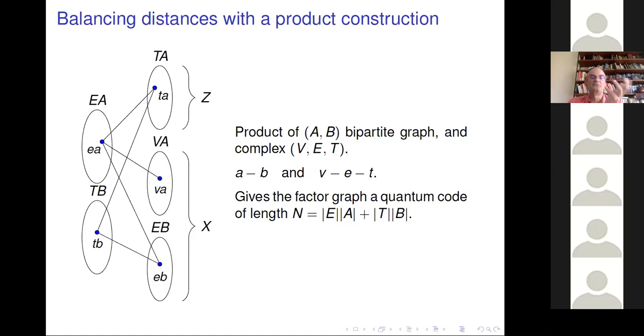And the incident structure is defined like it's suggested on the picture, meaning that a couple EA is going to be incident to a couple TA in the product, if and only if E is incident to T in the original simplicial complex, and so on. And we have exactly 5 types of edges of this sort.